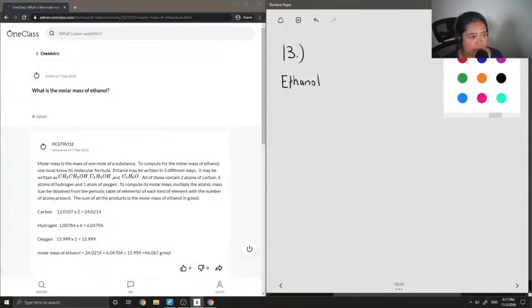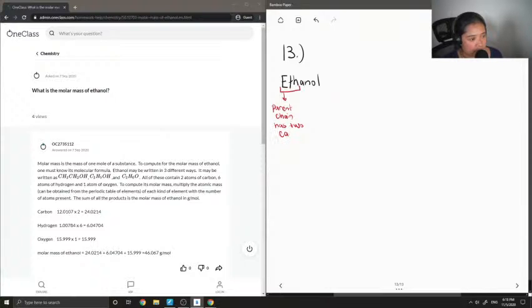Okay, so we have eth as the prefix. So this signifies that our parent chain has 2 carbons.